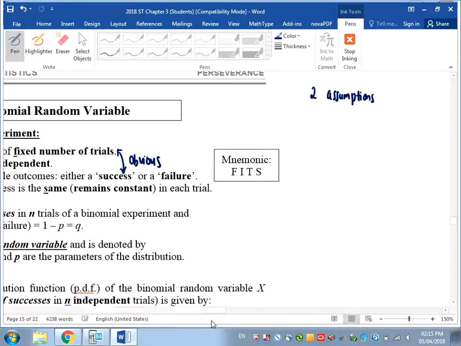We will state the independent condition, that the trials are independent, and the fact that the probability of success is constant.